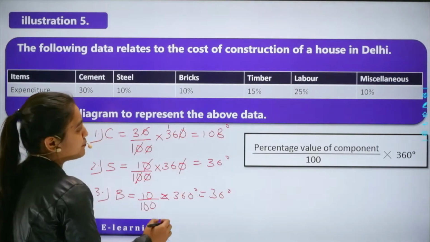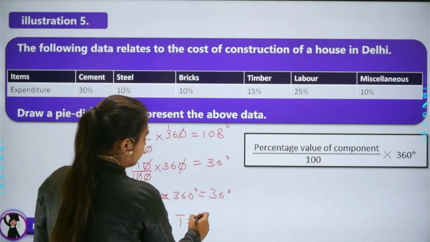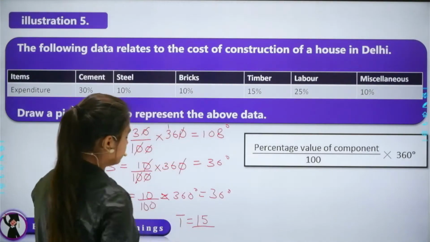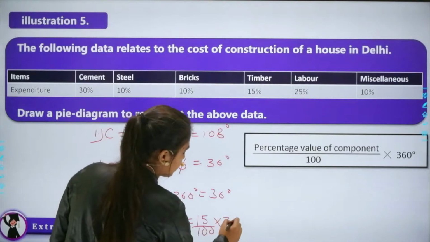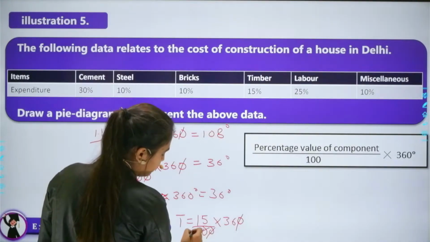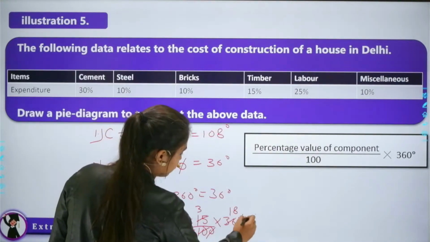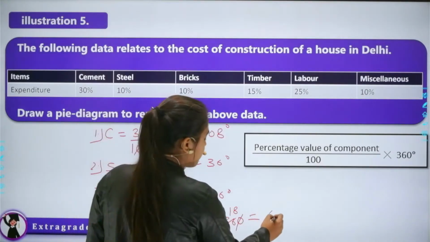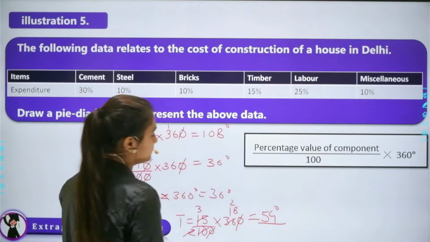Next we have timber, 15%, so 15 upon 100 into 360. Cancelling this, we get 5 2s are 10, 5 3s are 15, 2 18. 3 8s are 24, 3 1s are 3, plus 2 is 5, 54 degree.